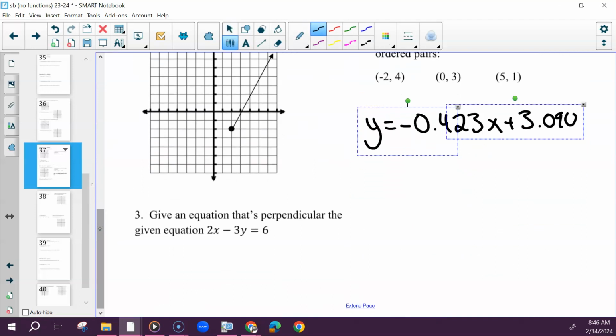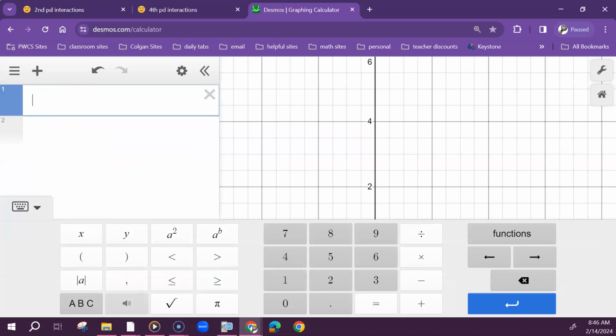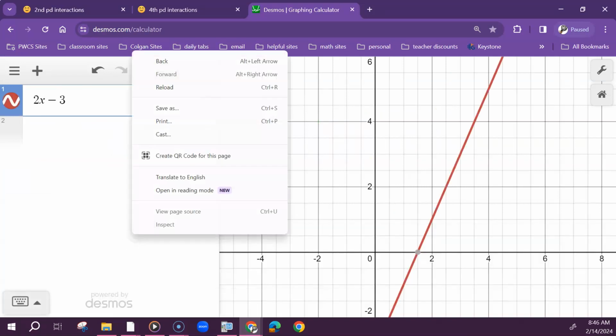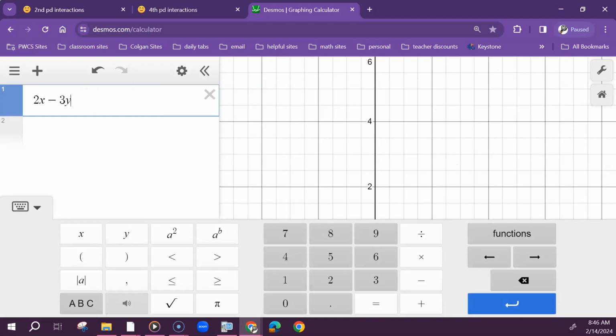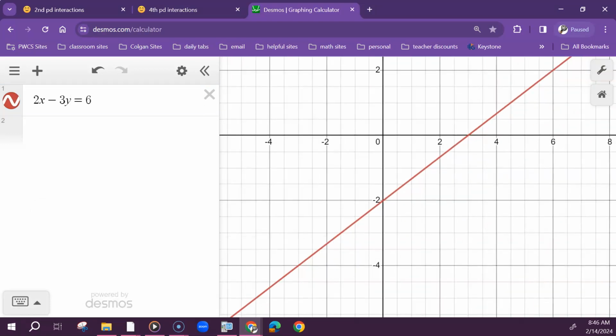And then for number 3, given an equation that's perpendicular to this given equation. So if I were to type this in, 2x minus 3y equals 6. Then I can look at my slope of this line, which is 2/3. And then if it's perpendicular, I have to take the slope, flip it, and make it negative.